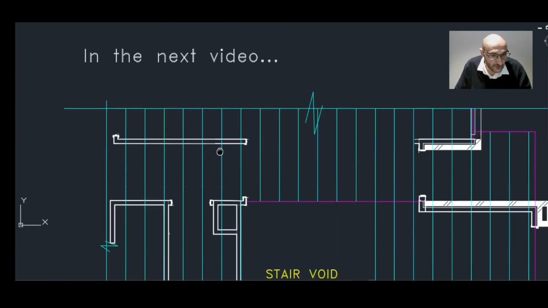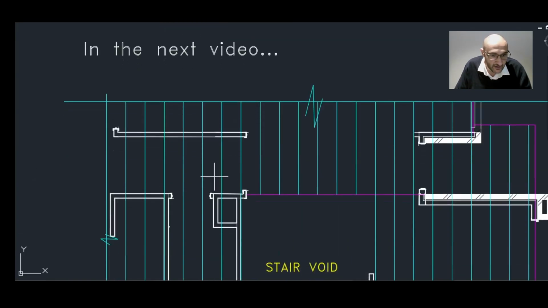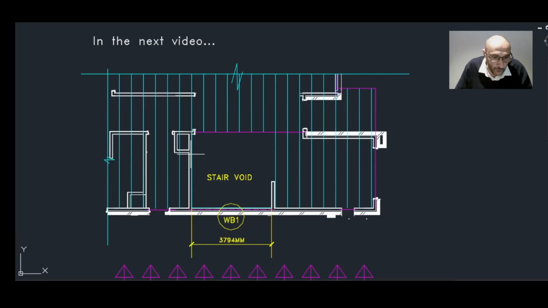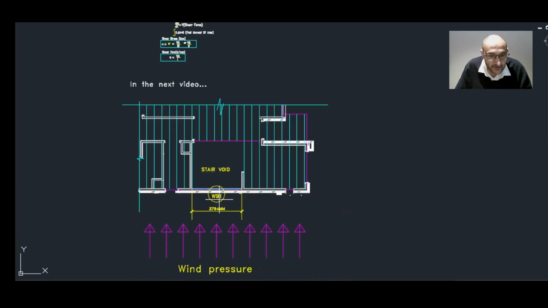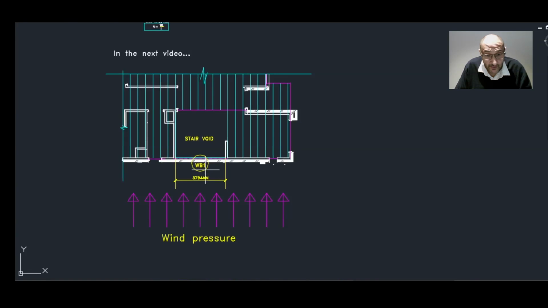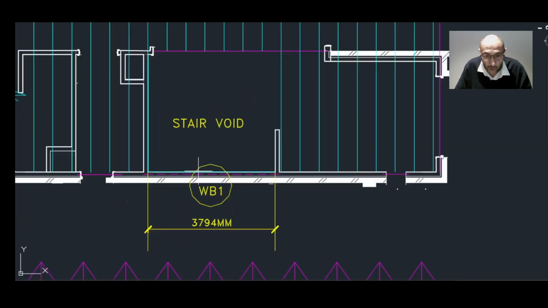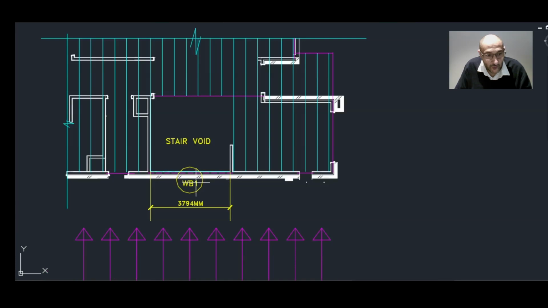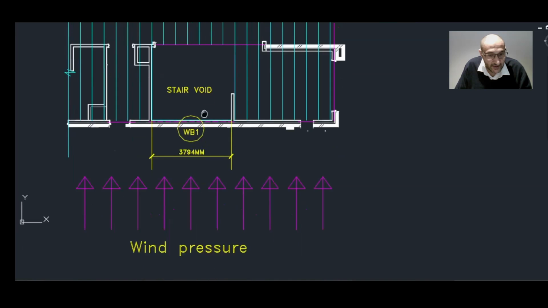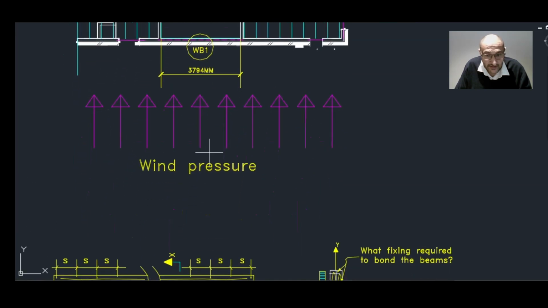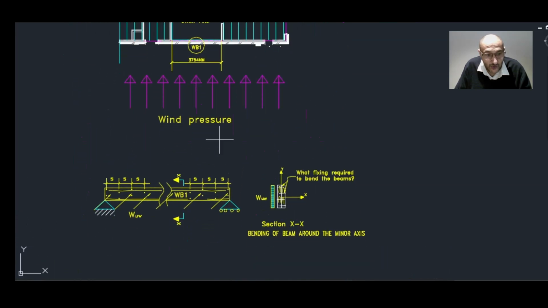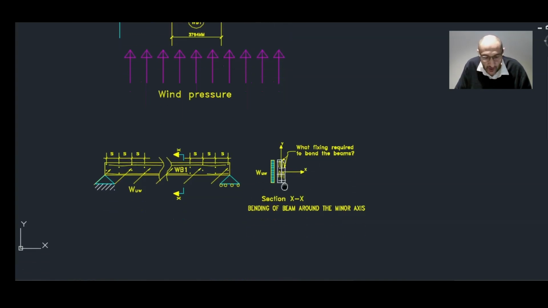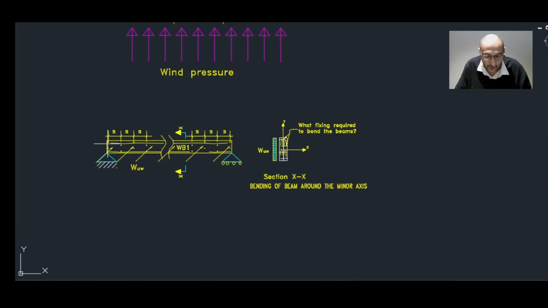In the next video, just to give you a sneak peek, we will look at a 3-meter long wind beam in a residential building, which we call WB1, resisting lateral wind loads only. We will ignore dead and live load. WB1 has been given to us as 2 laminated beams, and we need to work out the size and spacing of the fixings required to laminate this beam so that it acts as one section.